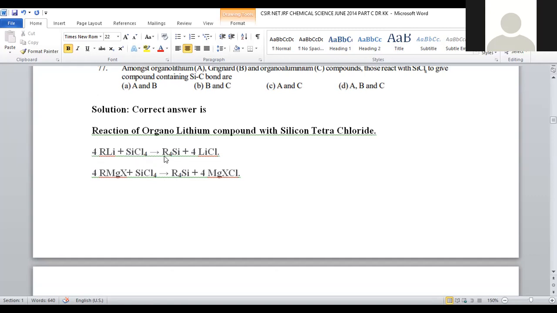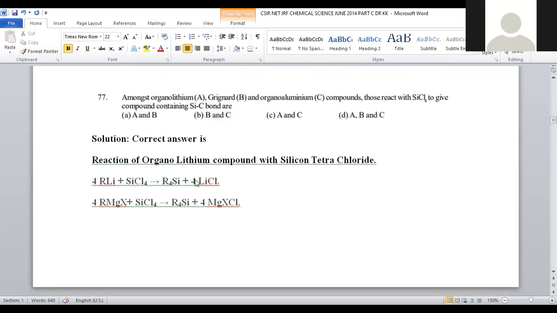So here addition is possible. We will get R4Si. So tetra-alkyl silane will be formed, and the byproduct will be lithium chloride. What's the byproduct? Lithium chloride is the byproduct here, right? So there is a possibility of silicon carbon bond formation when we are treating with organolithium. So in case number 1, it is possible.